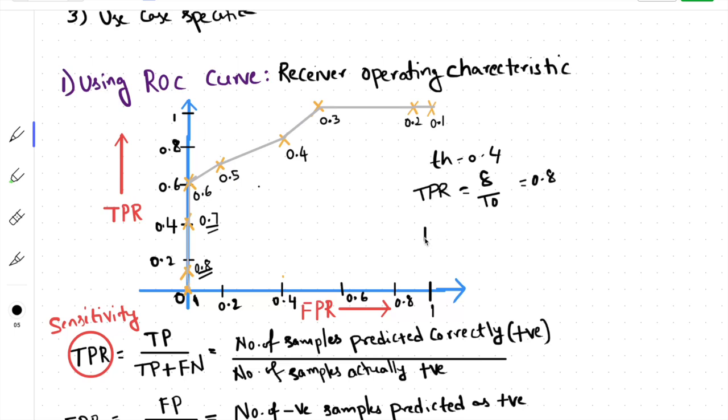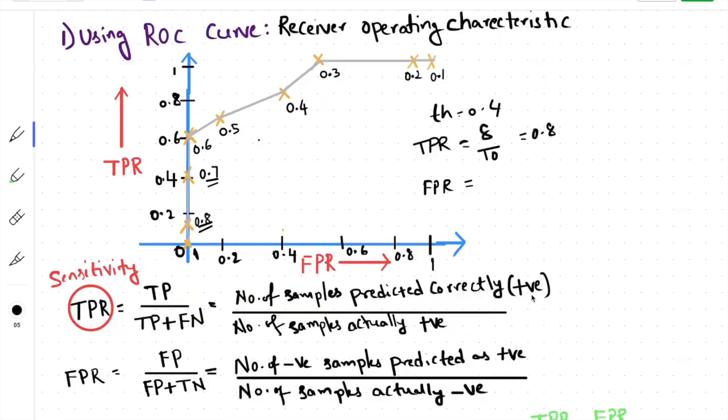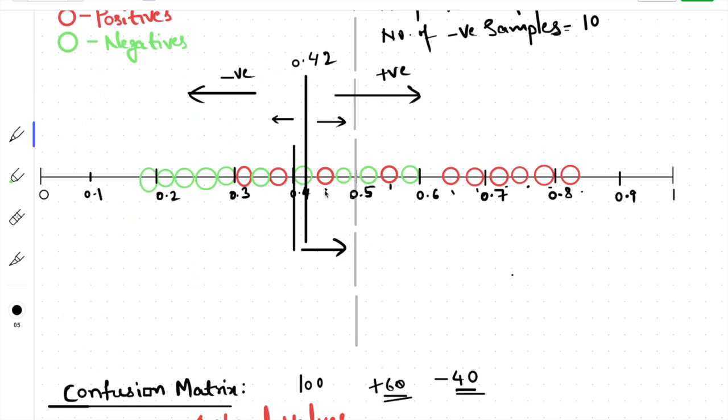And what would be the false positive rate? False positive rate is nothing but the number of negative samples predicted as positive. So we set the threshold to 0.4, right? This one. Don't get confused with this line. This line I have just taken as an example while explaining before. So this is the threshold line that we are discussing now. So above the 0.4 threshold, how many samples are there which we predicted to be positive but are actually negative? We have to count the green circles here. 1, 2, 3, 4.